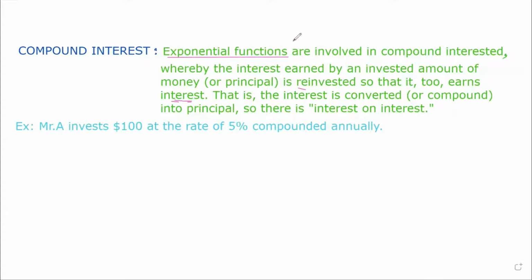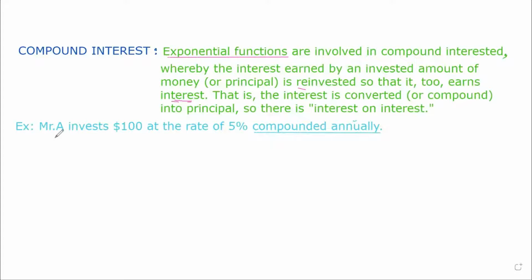So he invests annually, compounded annually. What does it mean? Mr. A invests 100. At the end of the year, because he does it annually, meaning 1 year, he will earn interest one time per year.